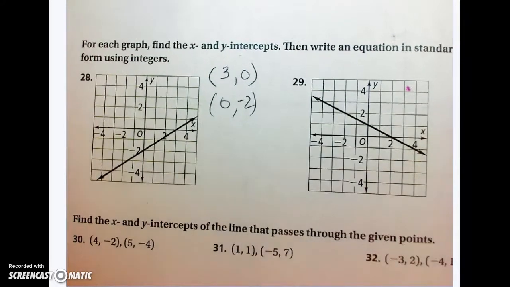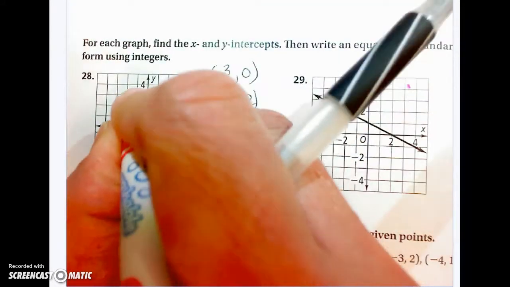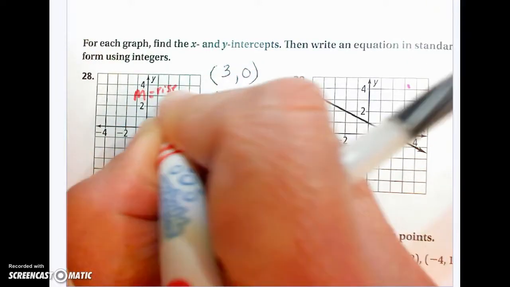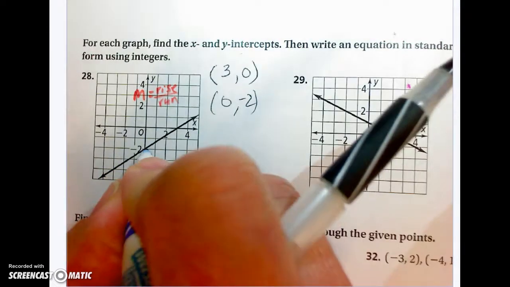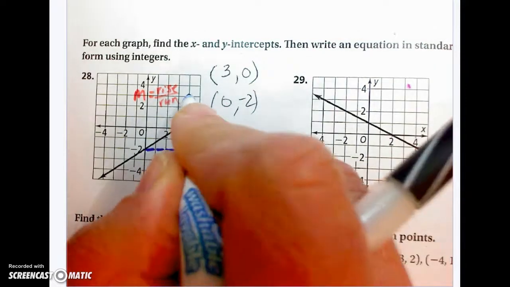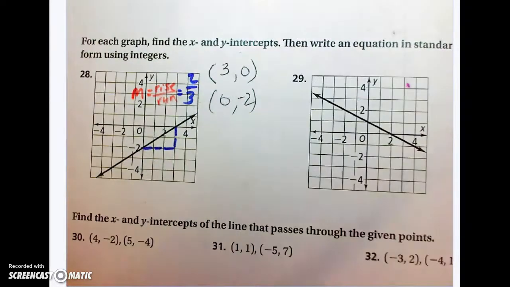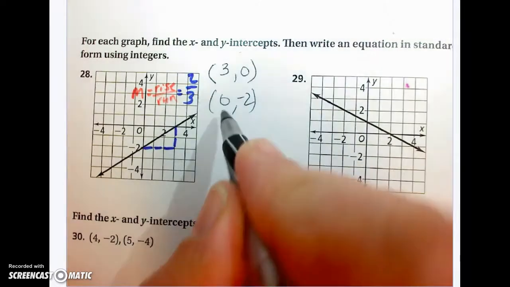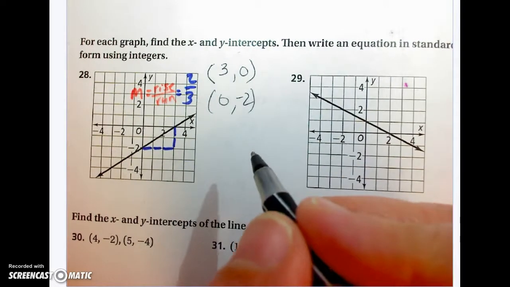So I need my slope. So my slope is equal to rise over run. So my run, I'm going to run over here. I have to run 3 and rise 2. So my slope is 2/3. Now I can write my equation. So I have a point and a slope, so I'm going to use the point slope form.